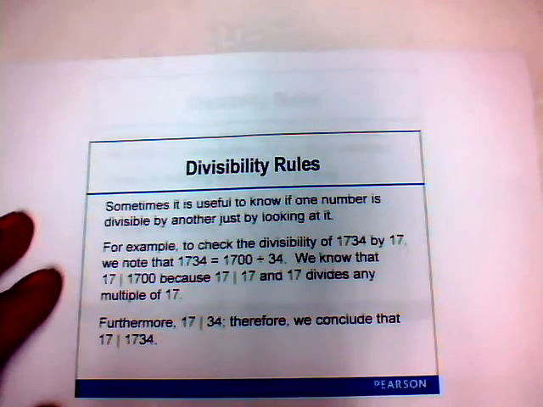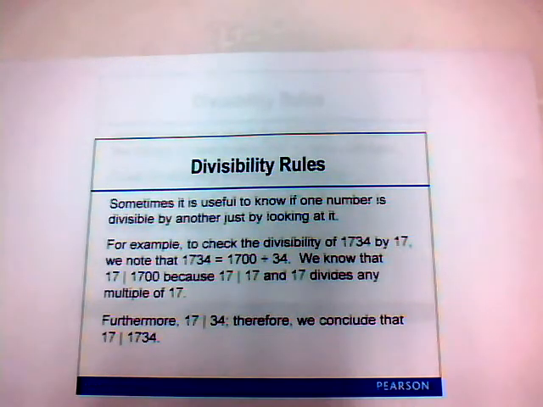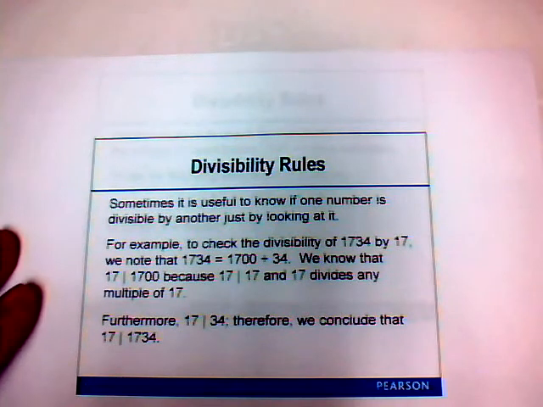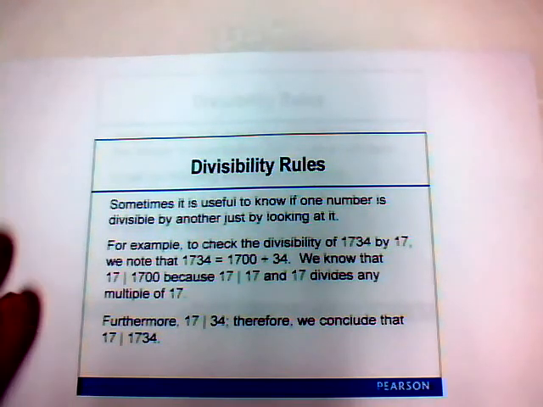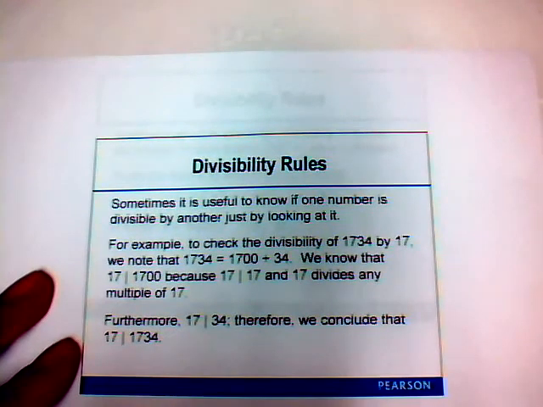We'll talk about some divisibility rules in this particular part of the video. Sometimes it is useful to know if one number is divisible by another just by looking at it. For example, to check the divisibility of 1734 by 17, we need to know that 1734 is equal to 1700 plus 34.